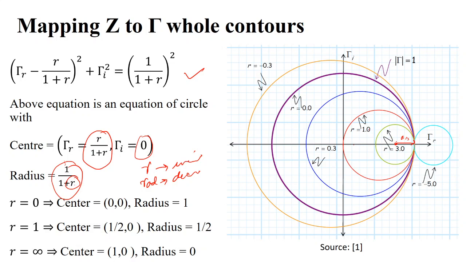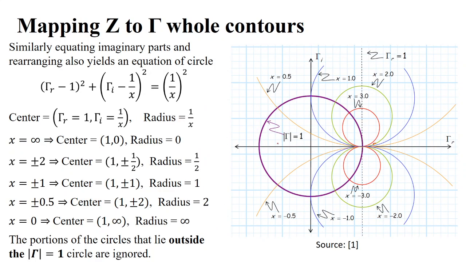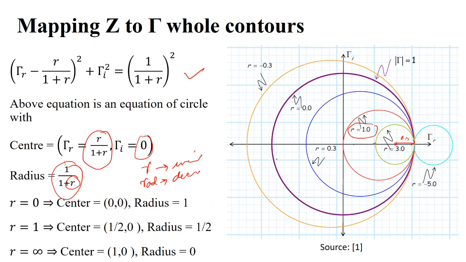The resistive load was 3, now this is 1, so the radius will increase, and so on. When the resistive part is 1, the radius will be half. The center will be 1 over 1 plus 1, which is again half. The center will be here and the radius will be the same. So you can go through this one.